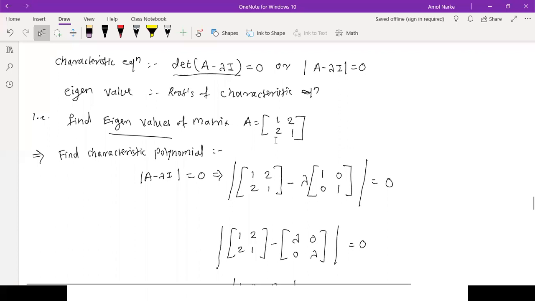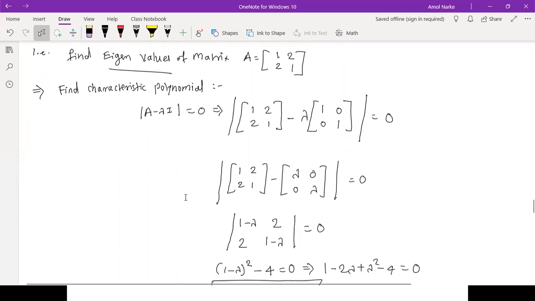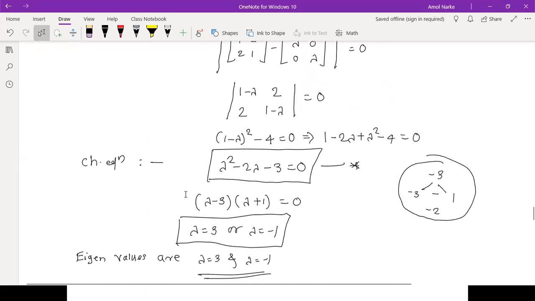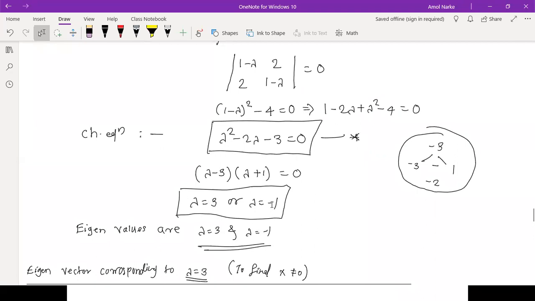Trace is nothing but 2. Now what are my eigenvalues here? My eigenvalues are 3 and minus 1. What is the sum of these eigenvalues? 2. What is my trace? 2. So trace is equal to the sum of eigenvalues.